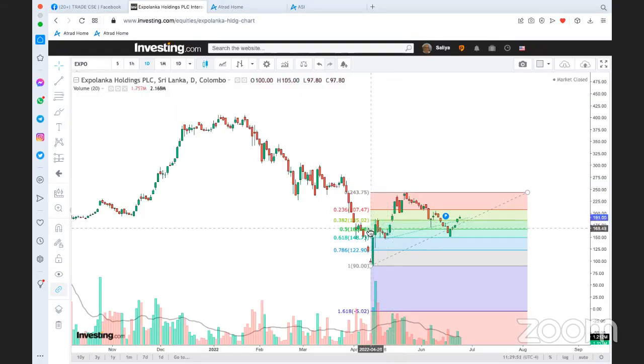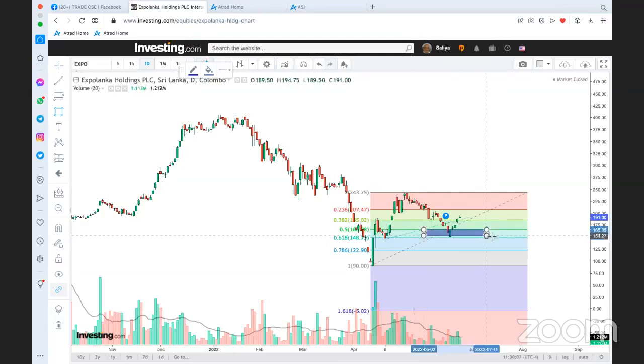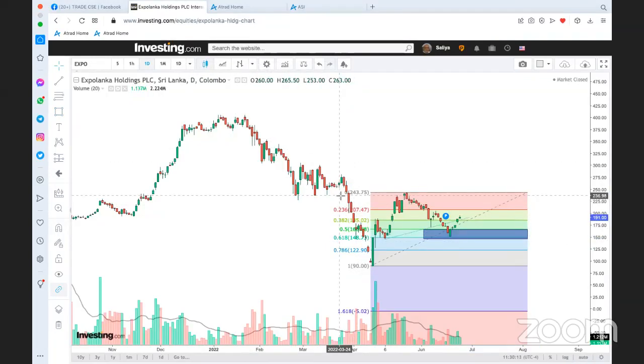Or otherwise, you can remain at 166.75 and take this, which is at 145.50 as the support. So you take that level as support.